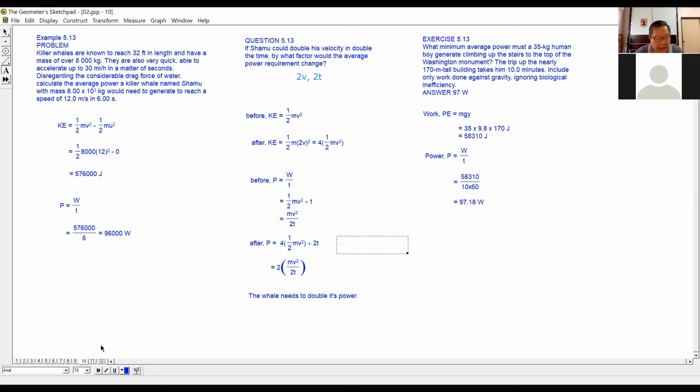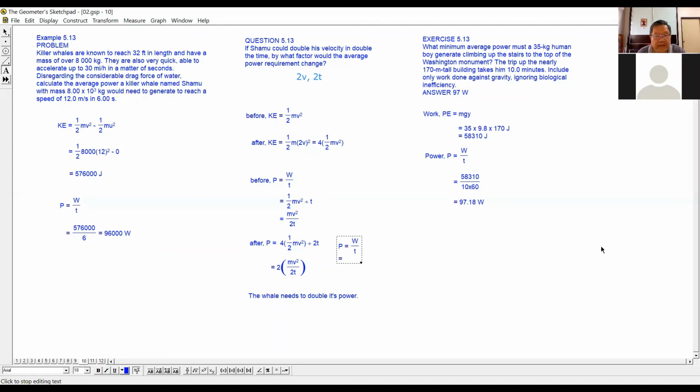Okay, this one. So the power is the energy divided by time. Now this energy is actually 4 times. In the second case, it has become 4 times.